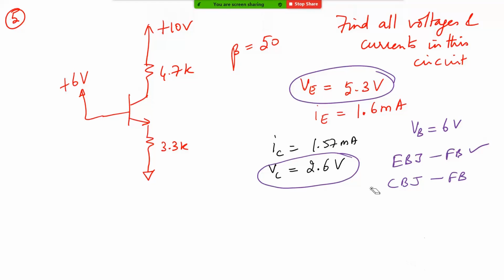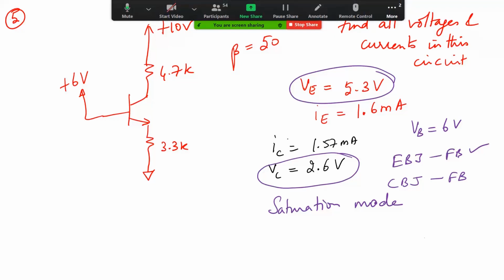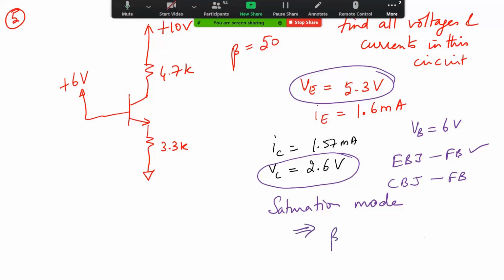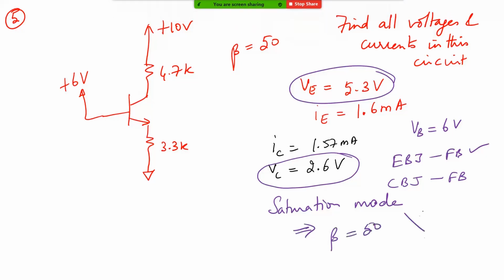Saturation. This is in the saturation mode. You would have calculated IC by using beta equal to 50, but if it is in saturation mode, beta equal to 50 does not work. So this solution is not correct.